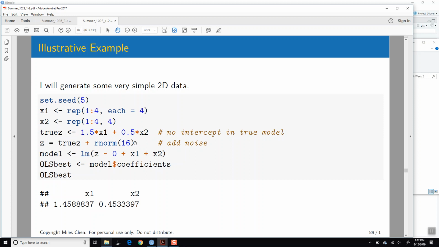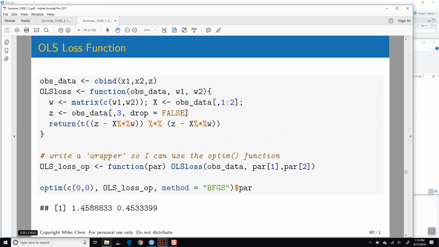And then I add some random noise to this, and I fit a linear model here. It estimates the coefficients to be 1.45 and 0.45, and we know that the true coefficients are 1.5 and 0.5.